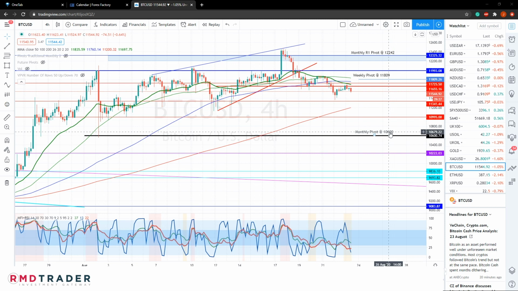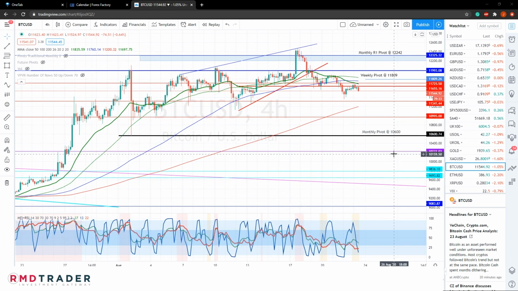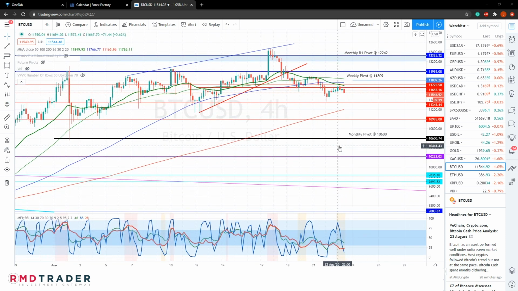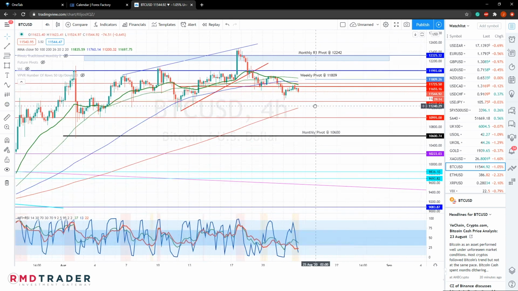And of course, should all of these fail, the final line in the sand for Bitcoin would be the major breakout level, all the way down here at 10,250. This is the purple line that we've indicated over here, and also discussed on our weekly market overview last week, where we had a look at the higher time frame of the weekly on Bitcoin.